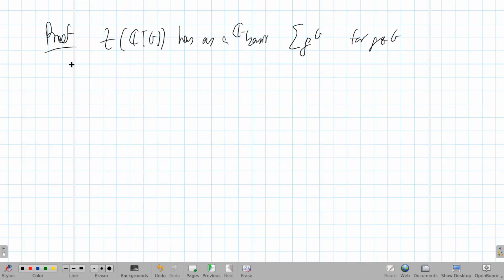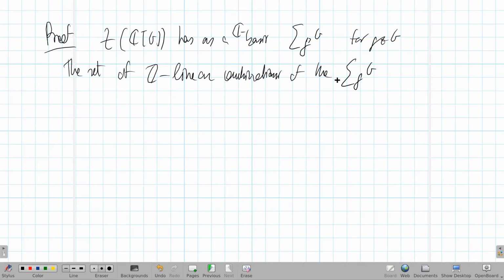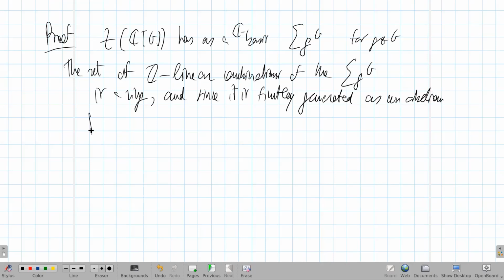And then we know that the set of Z linear combinations of these sums is a ring, because we have proved that the product of two of these classes is a linear combination with integer coefficients of other classes, and it is finitely generated as an abelian group, finitely generated by the finite set of classes, because it is the set of linear combinations of these sums of conjugacy classes.